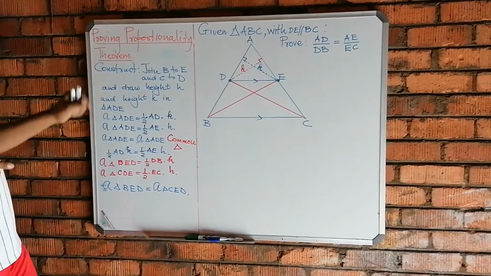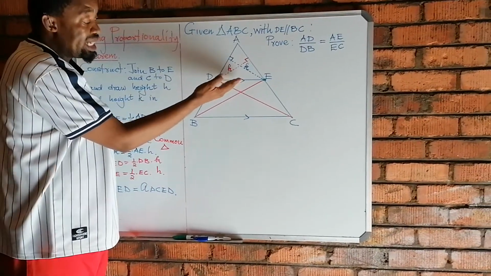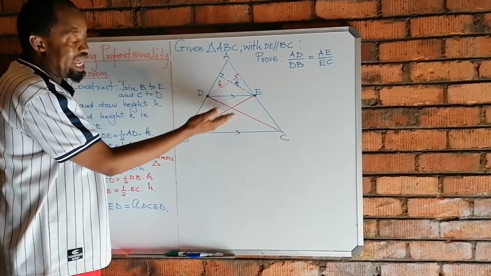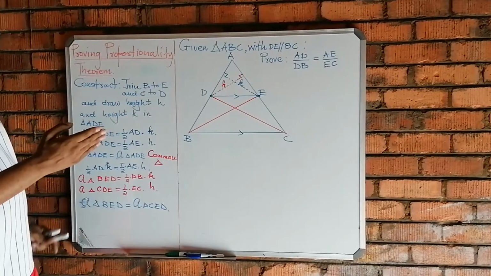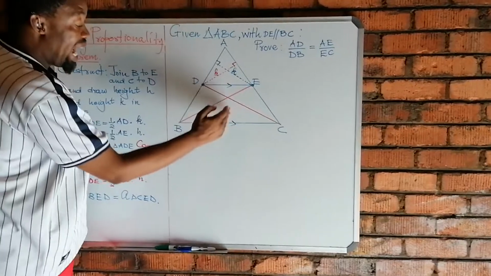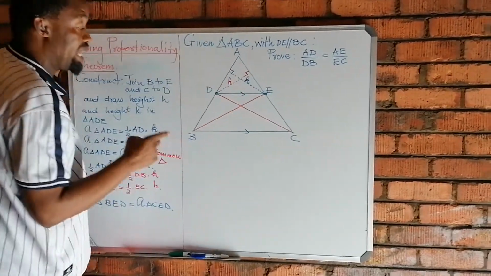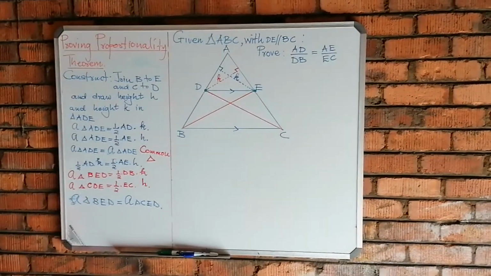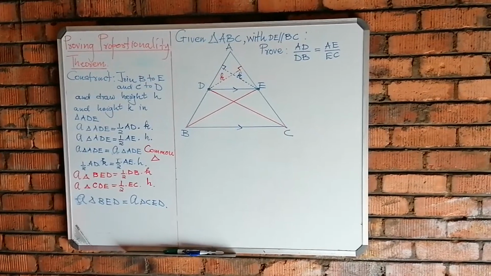We said that if triangles are between parallel lines and share a common base, because the height is the same throughout, the areas of those triangles would be equal.